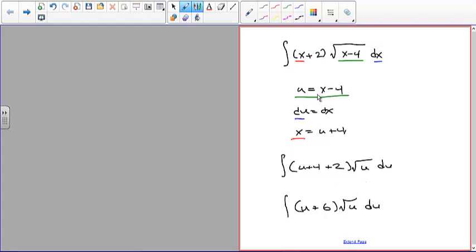So the first part you do is for x minus 4 you put in u. For x you put in u plus 4. Then this is the simplification part.